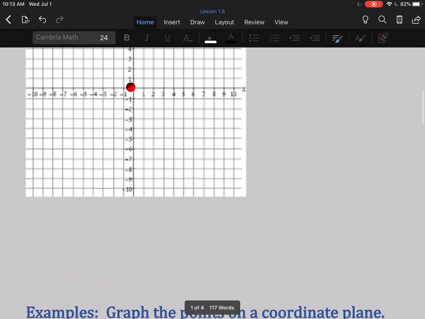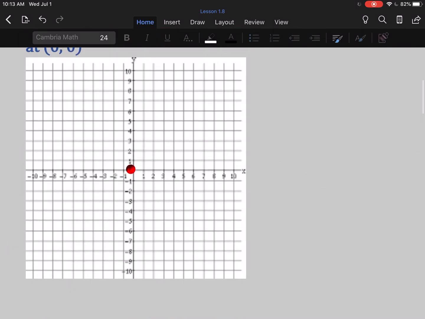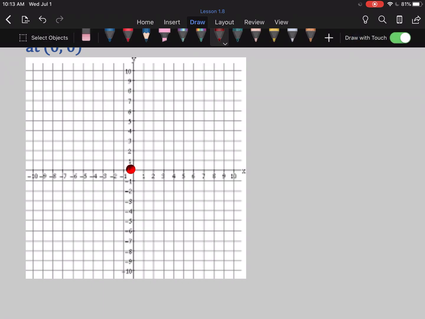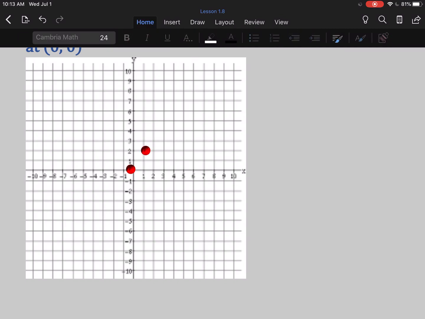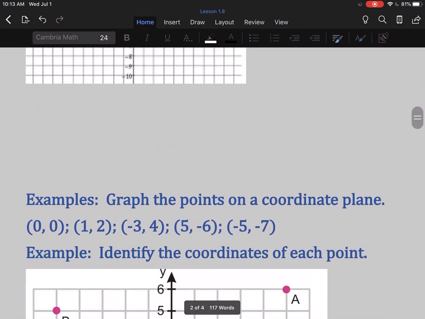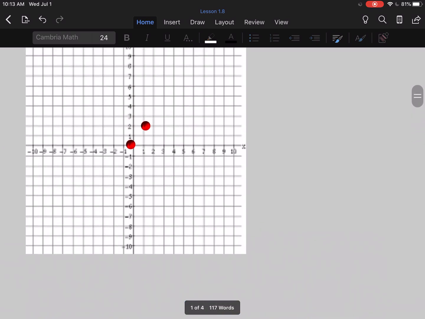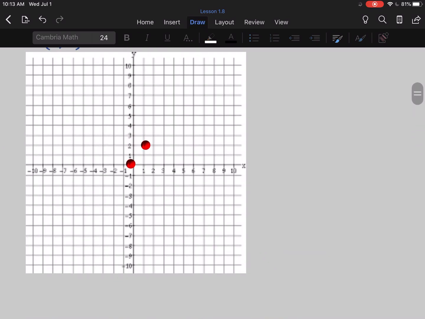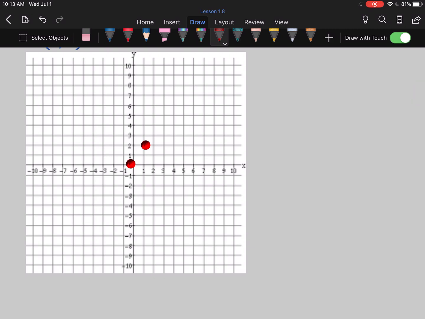The next ordered pair is 1, 2, both being positive. So starting at the middle, 1, 2 would mean count right 1 and up 2. So roughly there. Negative 3, 4 tells us to go left 3 and then turn and go up 4. Negative 3, 4.